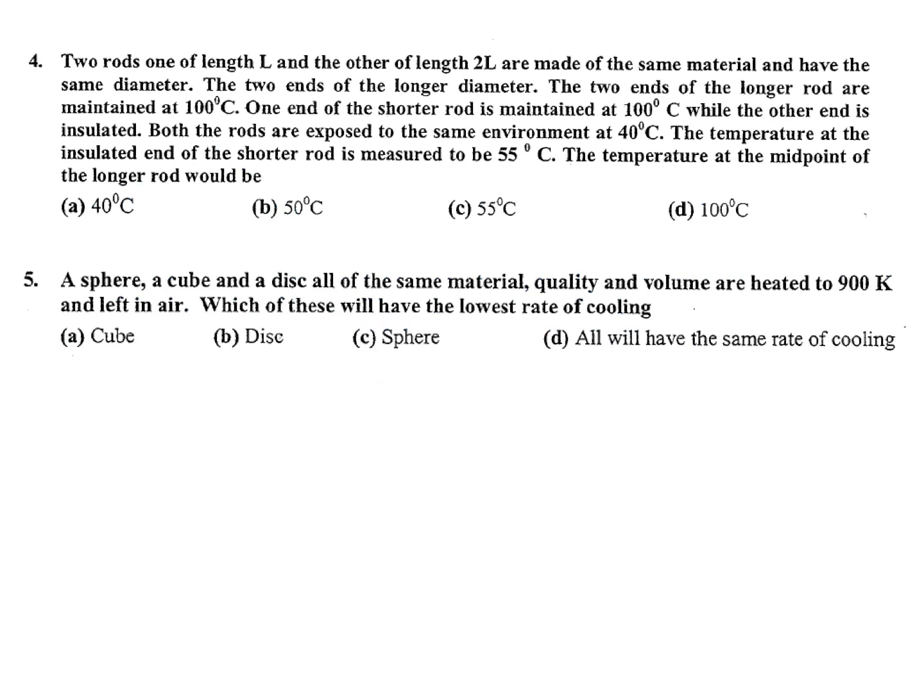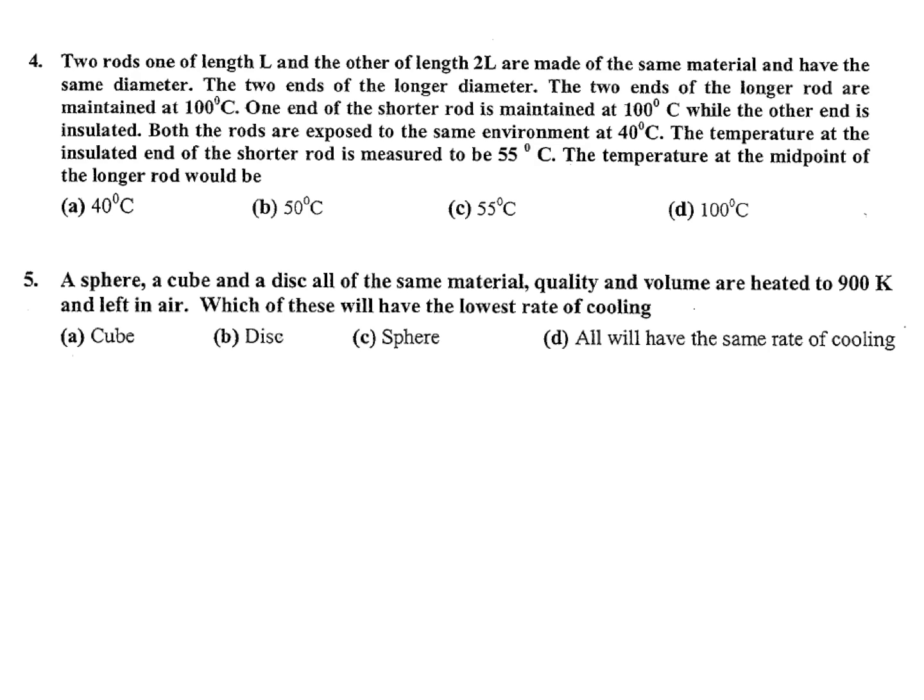Two rods, one of length L and the other length 2L, are made of the same material and have the same diameter. The two ends of the longer rod are maintained at 100 degrees Celsius. One end of the shorter rod is maintained at 100 degrees Celsius while the other end is insulated.